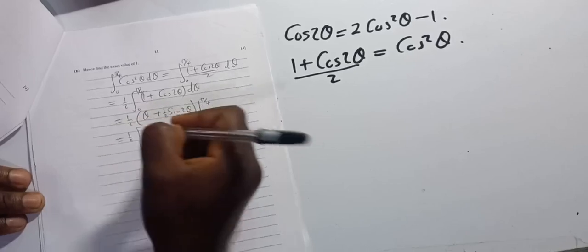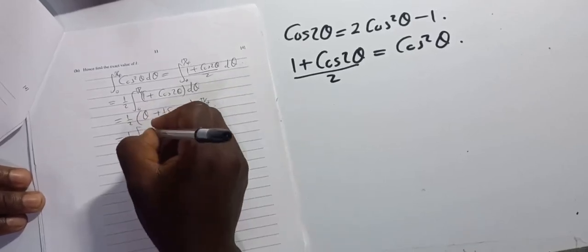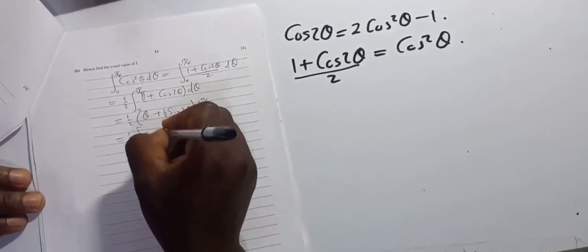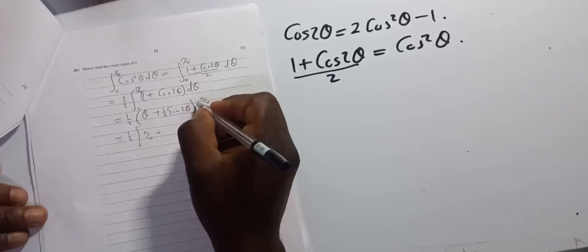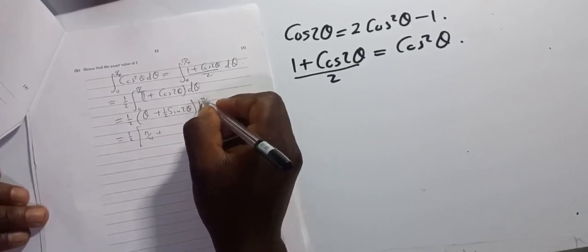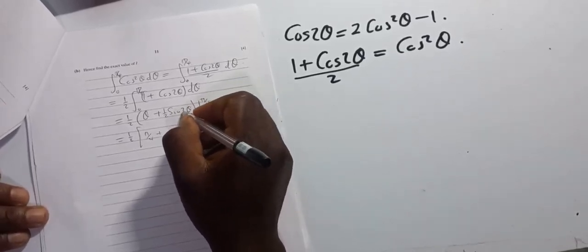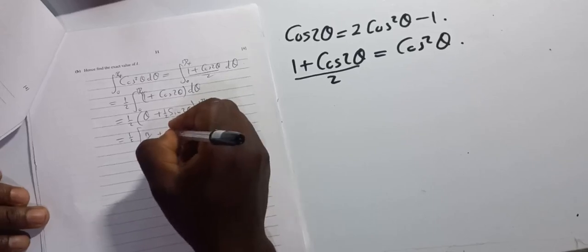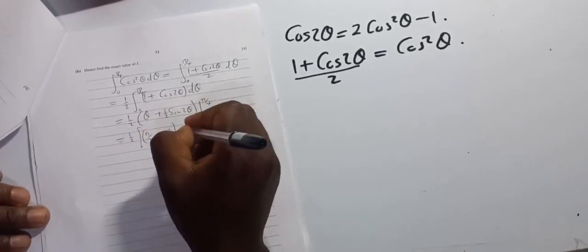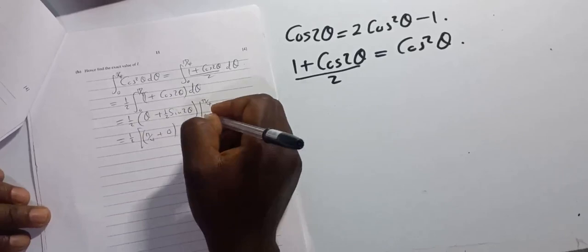So this will be half, then in the bracket, if we put pi over 4, we have pi over 4 plus half sine of 2 times pi over 4, which is pi over 2. Sine pi over 2 is 1. Minus, we now put the lower limit.